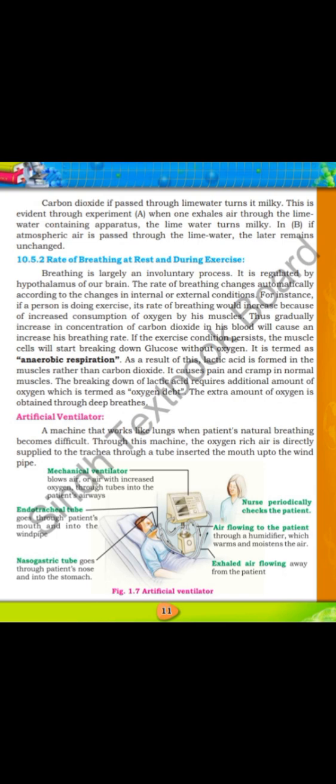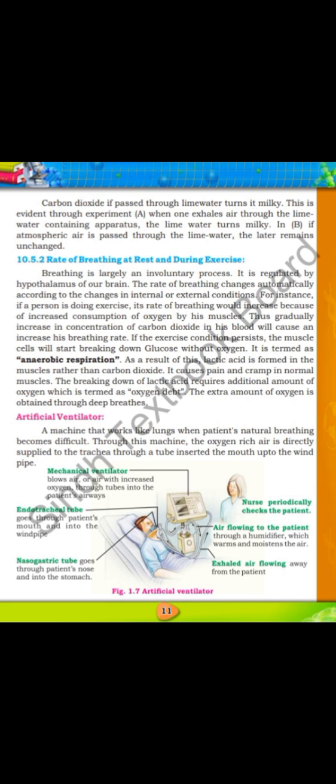It continues all the time, but it changes with the activities of man. For instance, if a person is doing exercise, its rate of breathing would increase because of increased consumption of oxygen by his muscles, thus gradually increase in concentration of carbon dioxide in his blood will cause an increase in his breathing rate.